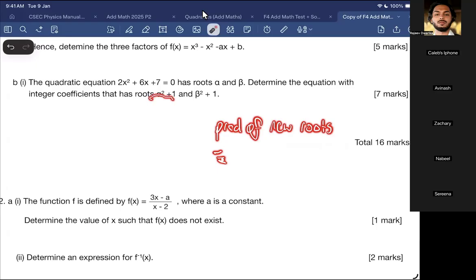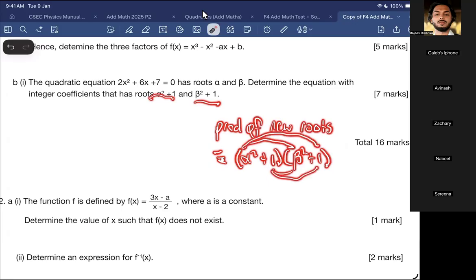This is one of the new roots, and this is the other new root. So it's going to be alpha squared plus 1 multiplied by beta squared plus 1. Right, and you know how to expand that? Yes, sir. It's the exact same procedure as the last steps. Like this by that, this by that. And from there, you will need to see if you could write it in terms of alpha plus beta or alpha beta. And then you could substitute.